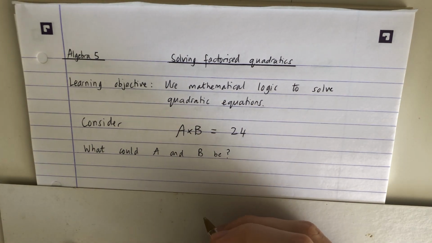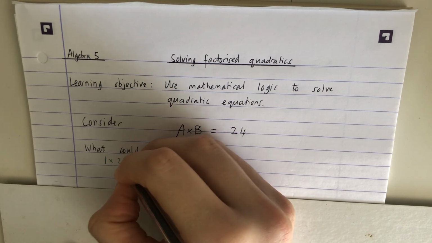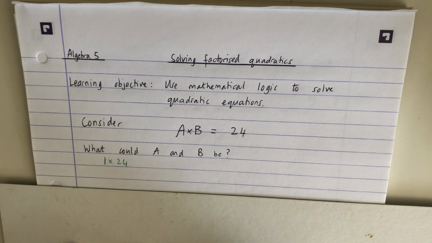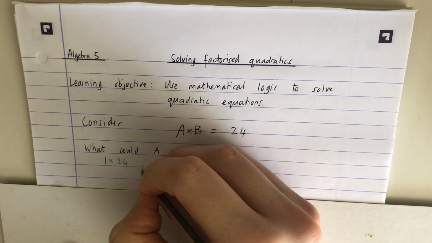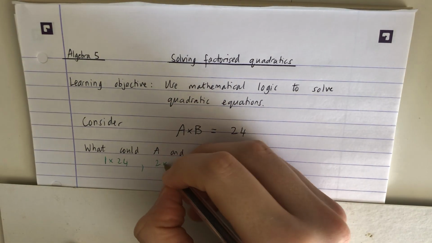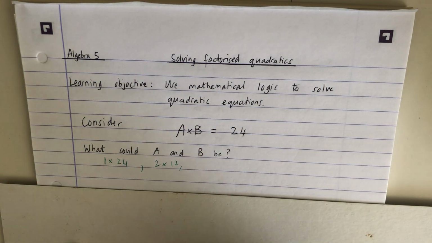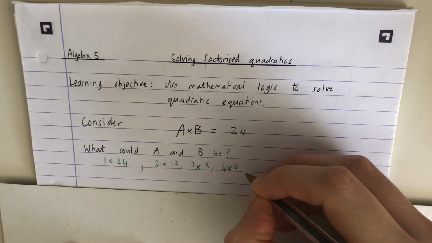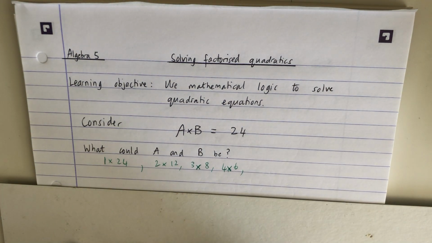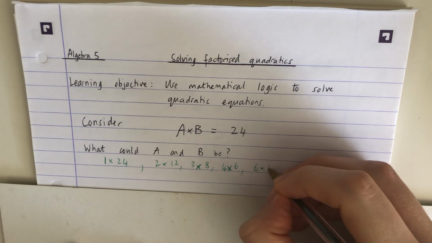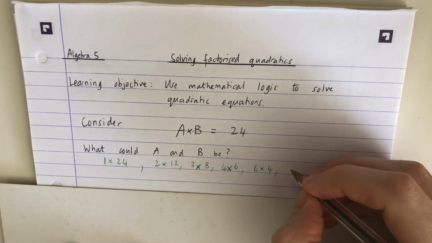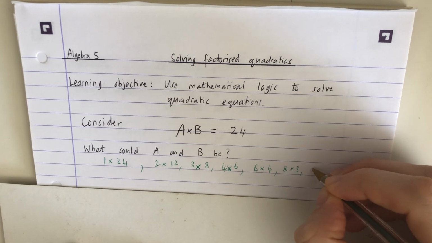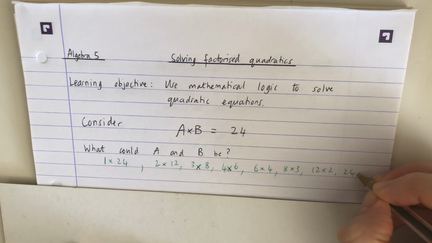It could be 1 times 24, where a is 1 and b is 24. It could be 2 times 12, 3 times 8, 4 times 6, or some of these in reverse, where a was 6 and b was 4, so 6 times 4, 8 times 3, 12 times 2, 24 times 1.